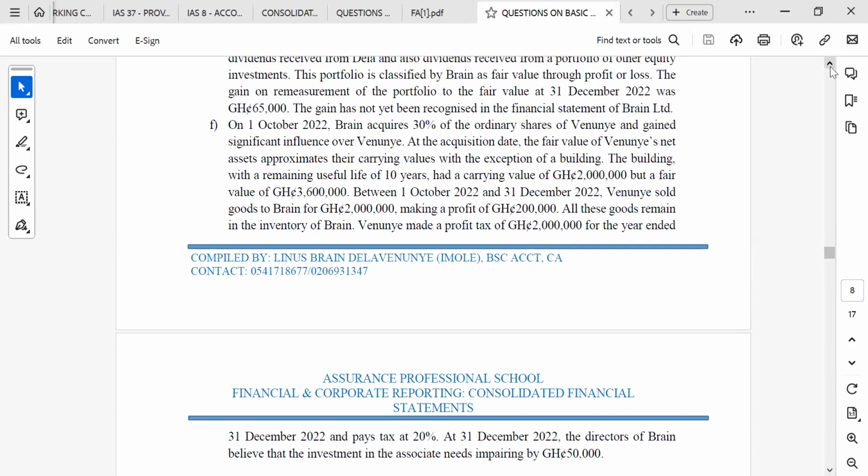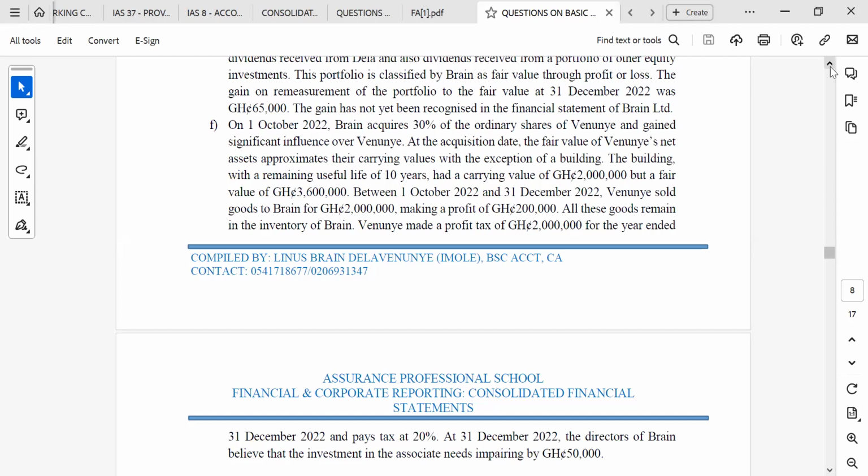F. On 1st October 2022, Brain acquired 30% of the ordinary share of Venia and gained significant influence over Venia. At the acquisition date, the fair value of Venia's net assets approximates their current values with the exception of a building.